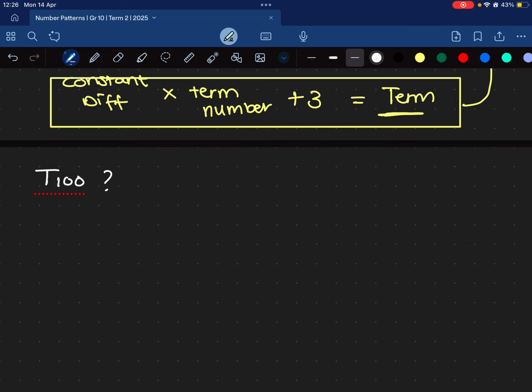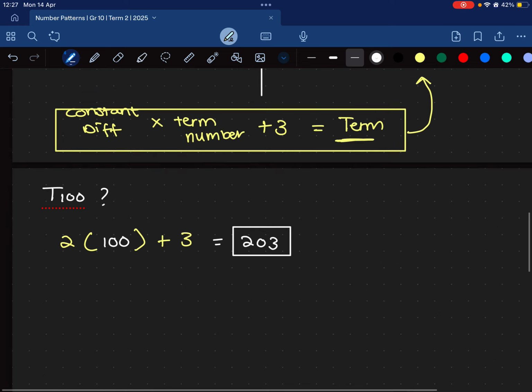Now that's a bit trickier, and you can't sit in a test and count in twos until you get to 100 terms. That's not going to work. So you're going to say, the constant difference I just said is 2, and if I multiply that by the term number, which is 100, and add 3, then 2 times 100 is 200, plus 3 is just 203. Much quicker.